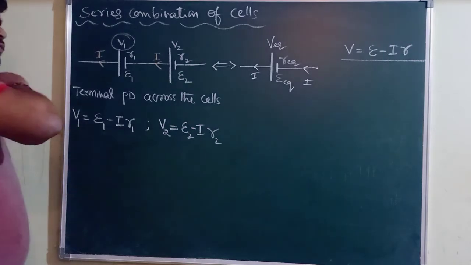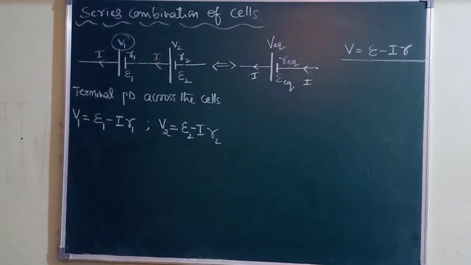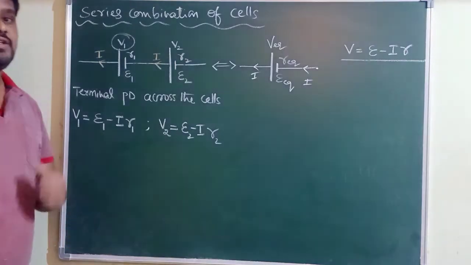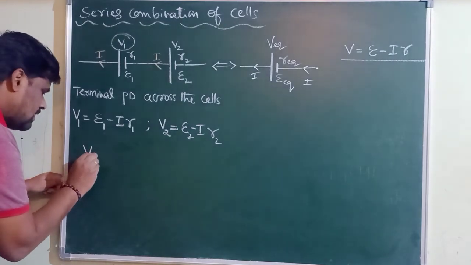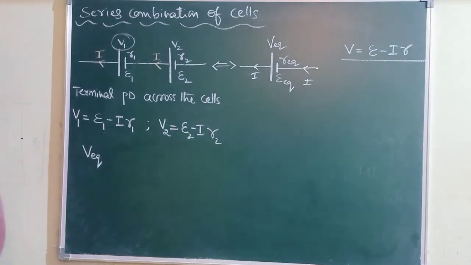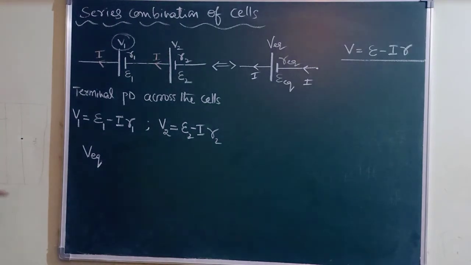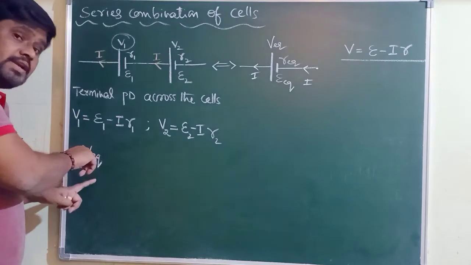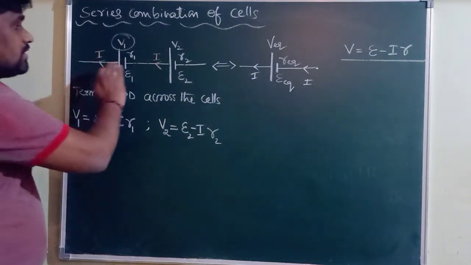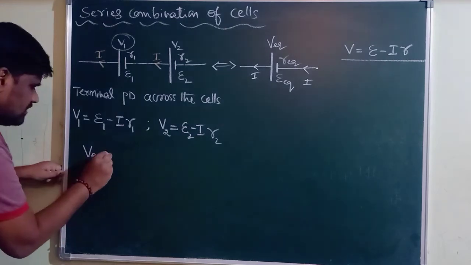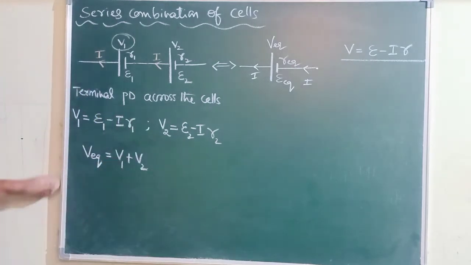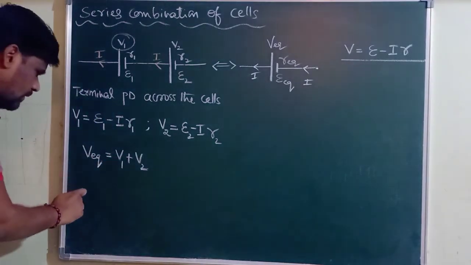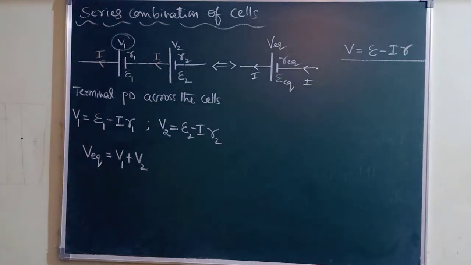Terminal potential difference across the first cell and terminal potential difference across the second cell. When the two cells are connected in series, the total terminal potential difference is called V equivalent. Therefore, it should equal V1 plus V2.